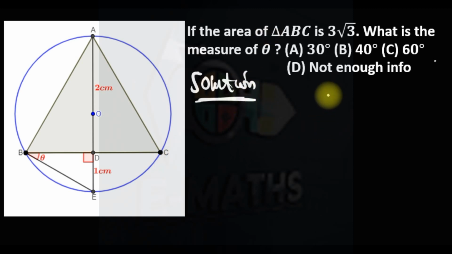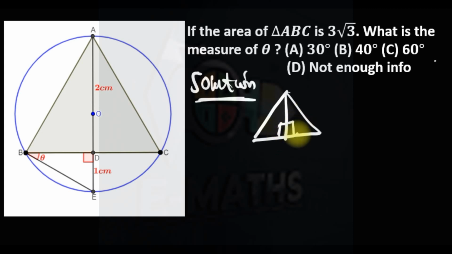And before now, in my previous video on area, I said that there is a special formula for the area of an equilateral triangle, in terms of the height and in terms of the sides.